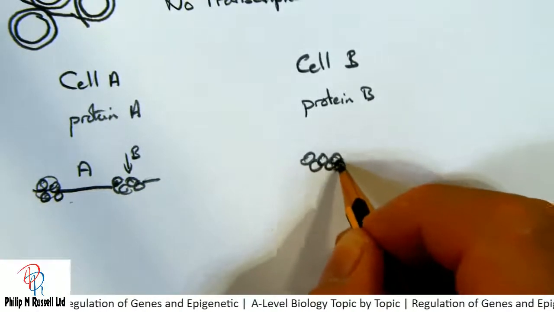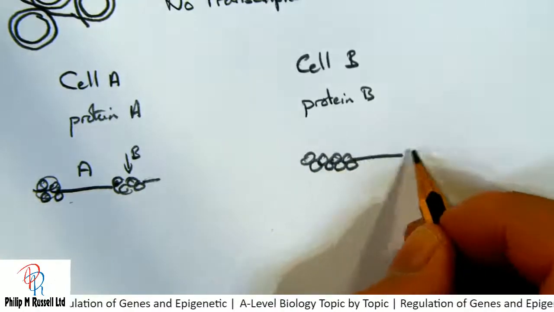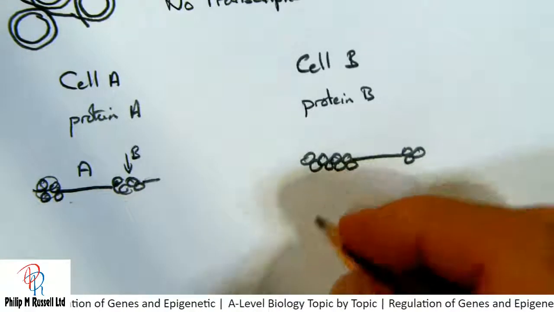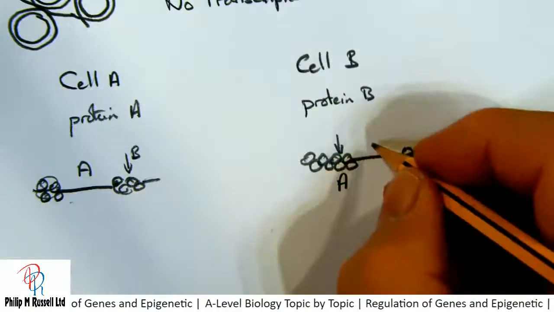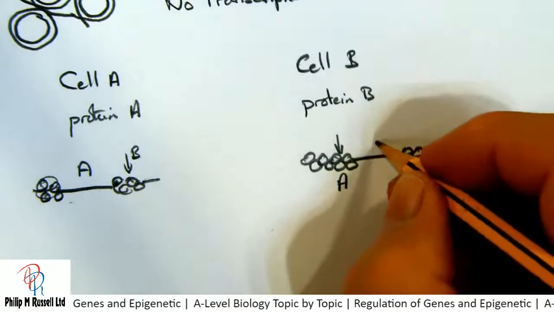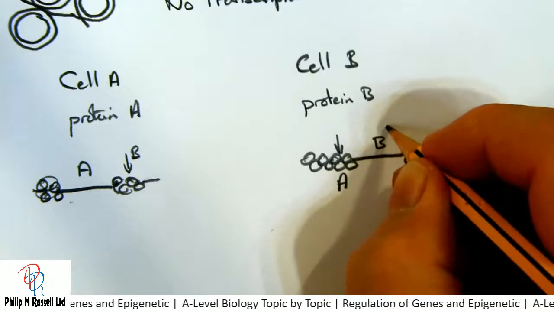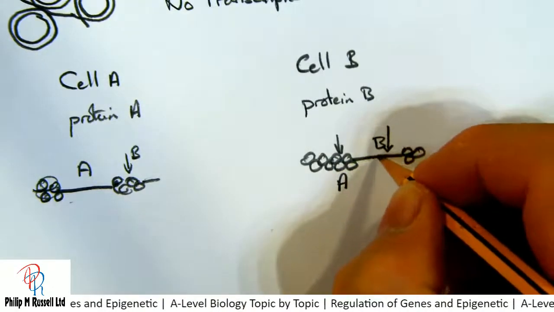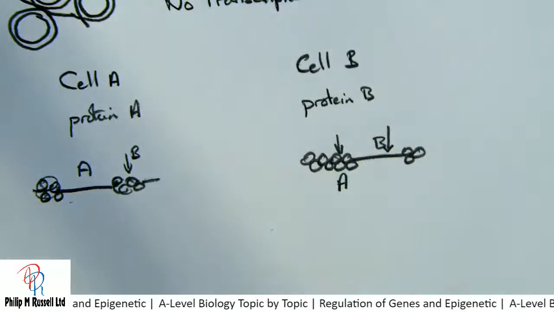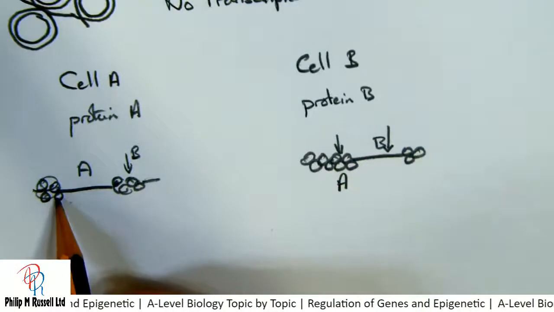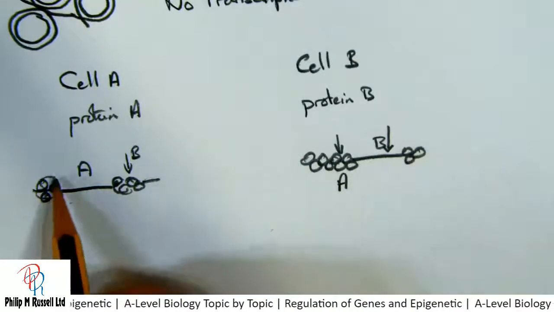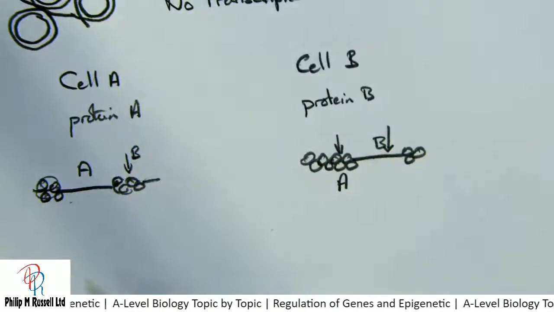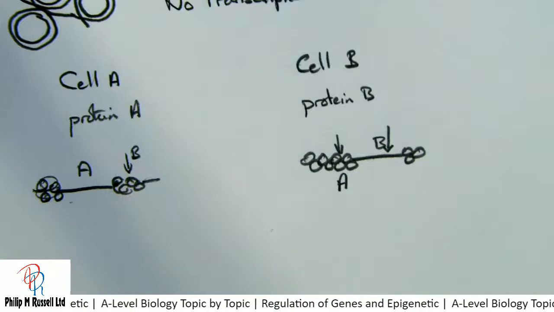whereas in this cell protein A is locked away in here, and protein B is here available, and it's simply whether these different bits of DNA are opened up, whether they are hidden by these histones.